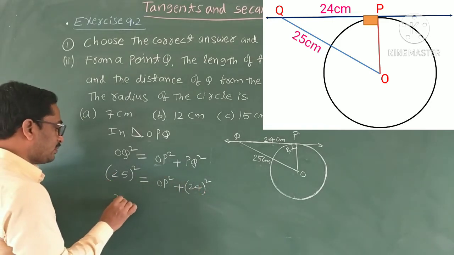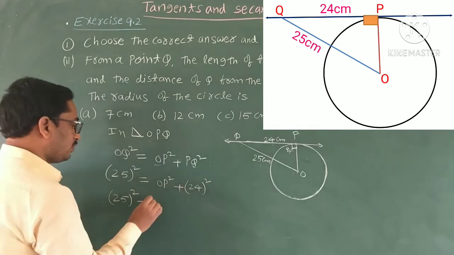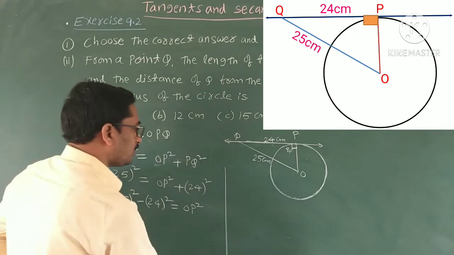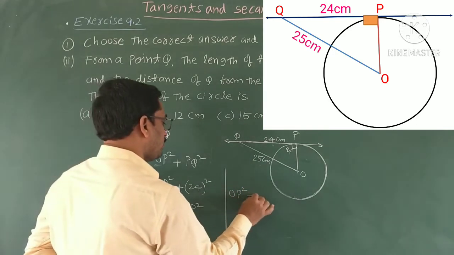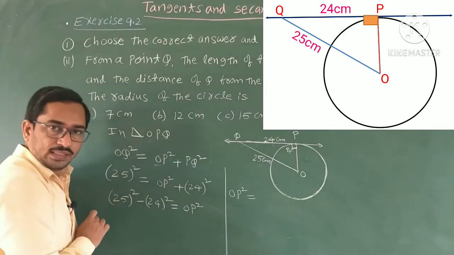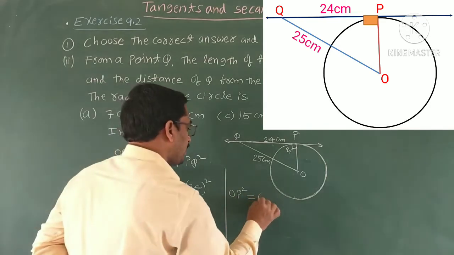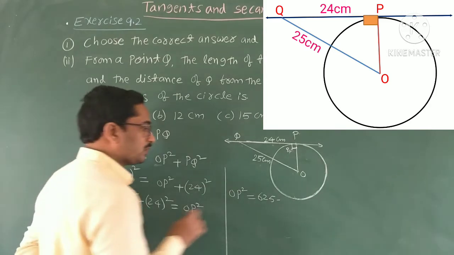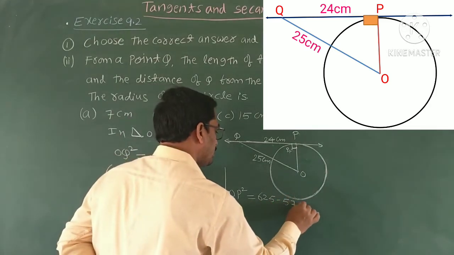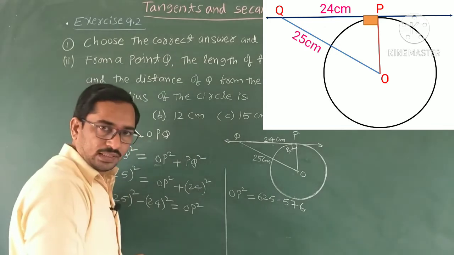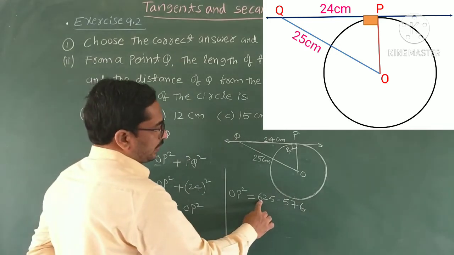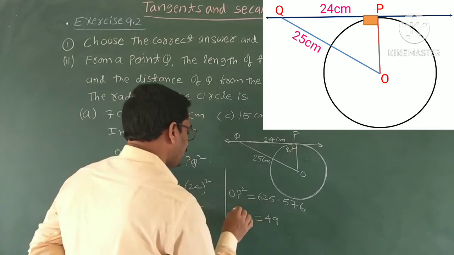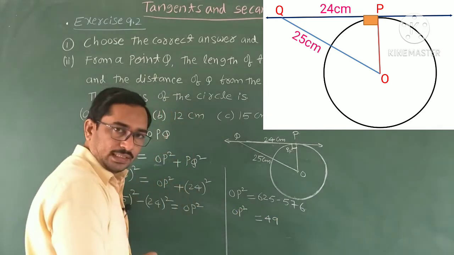So, OP square equals 25 square minus 24 square. 25 square value is 625, minus 24 square value 576. Now, 625 minus 576 is equal to 49. OP square equals 49.